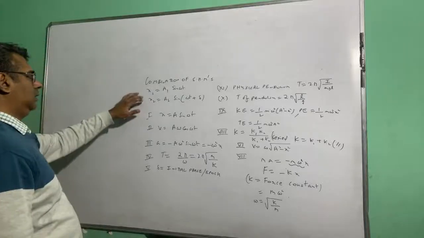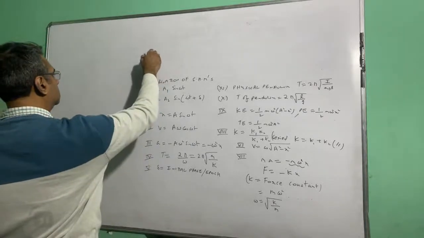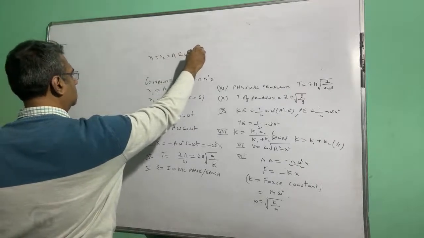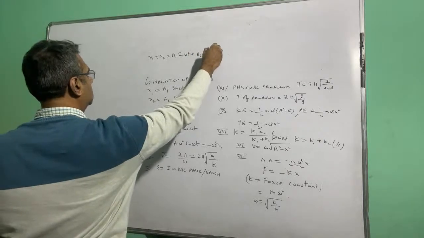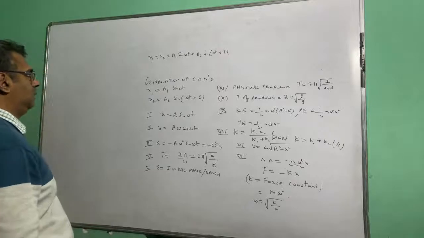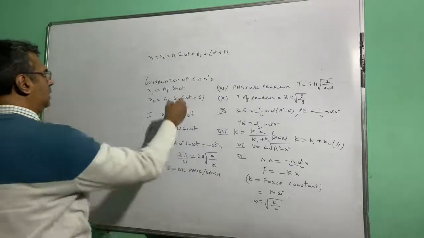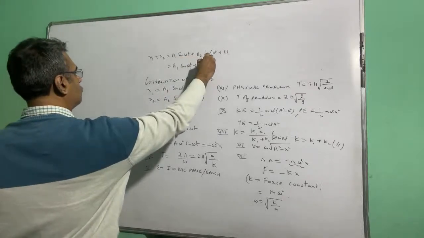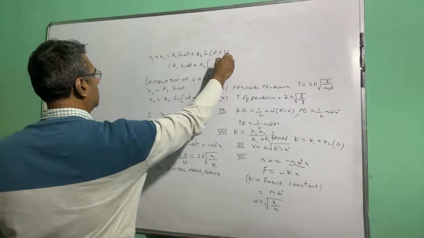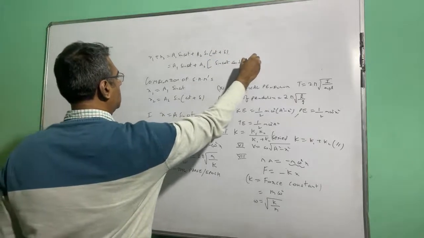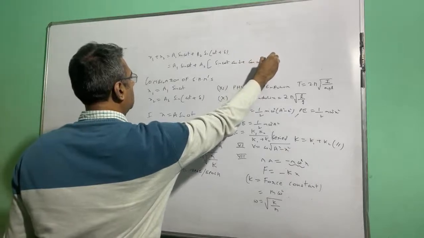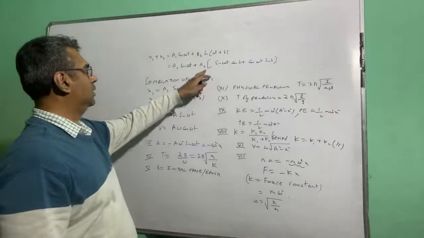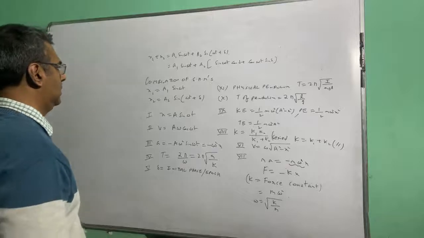So in this, if you combine the two, x1 plus x2 will be A1 sin omega t plus A2 sin(omega t plus delta). So A1 sin omega t plus A2 sin omega t cos delta plus cos omega t sin delta.